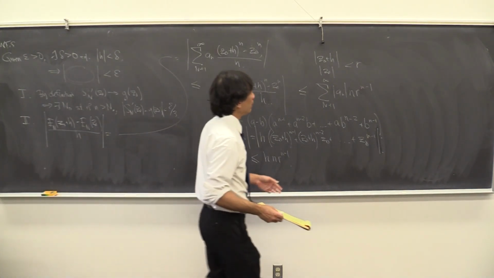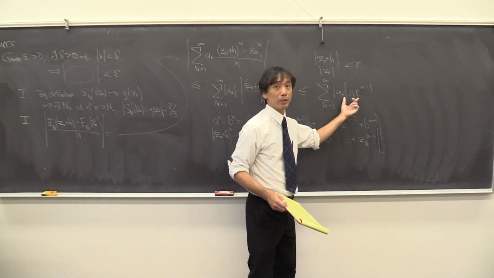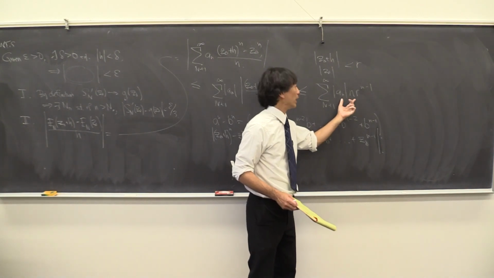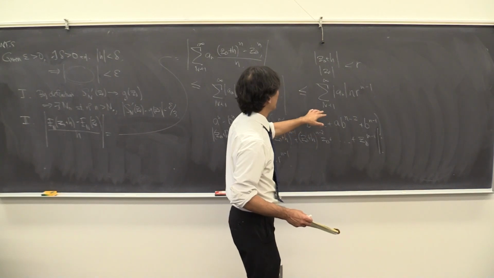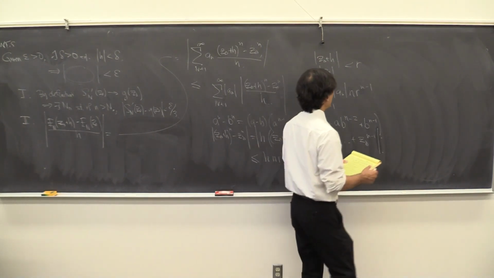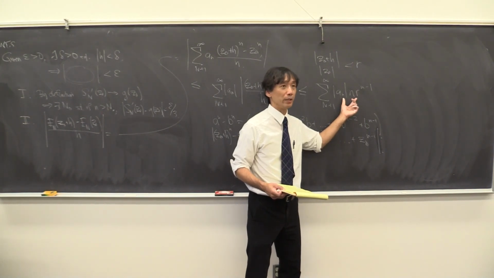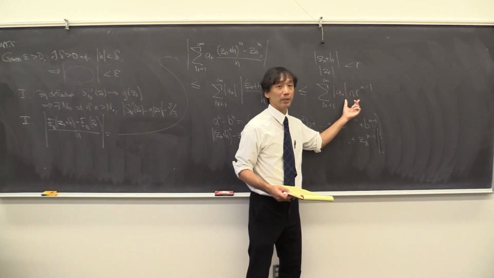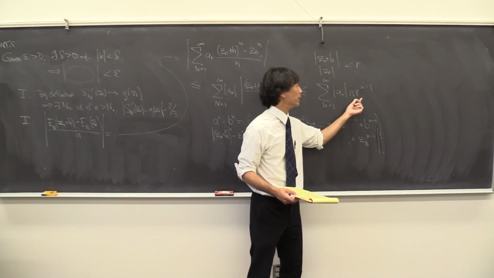And now this thing here is the tail end of a convergent series. Because remember, our term by term differentiated series converges within the same disk, and so it's going to converge at little r. Remember, little r is inside that disk.